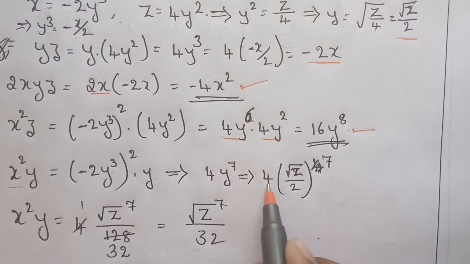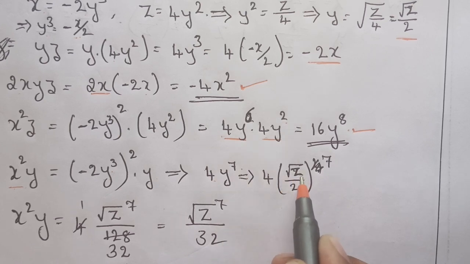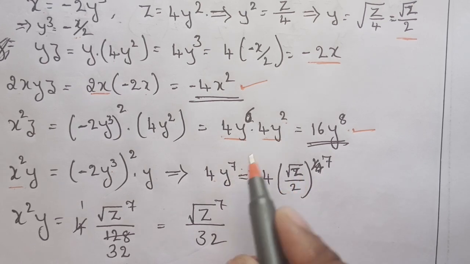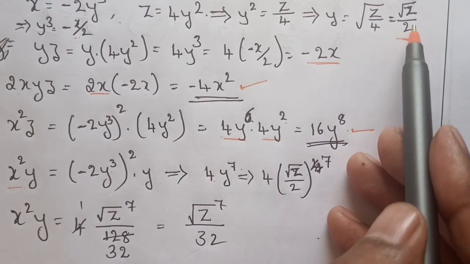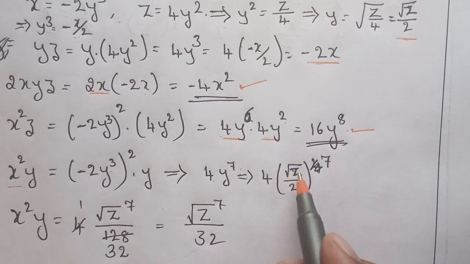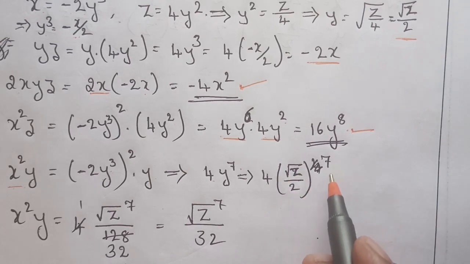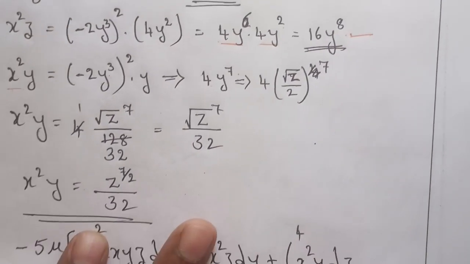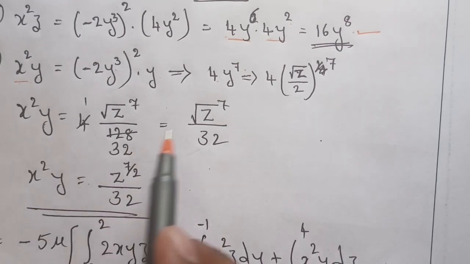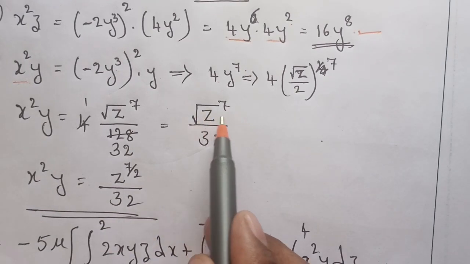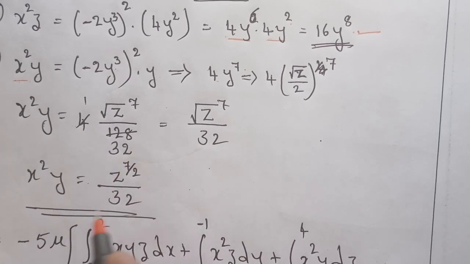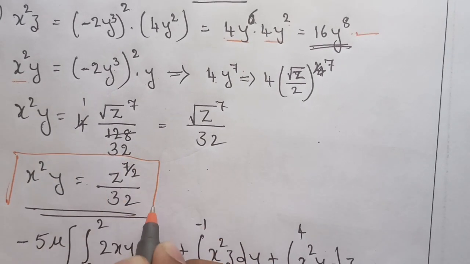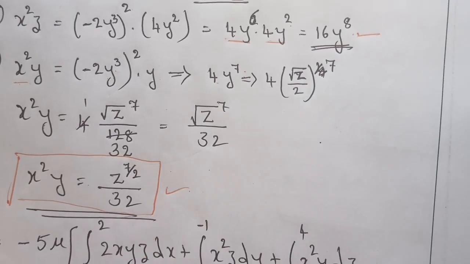Or in other words, 4 into y power 7, where y is root z by 2, so root of z by 2 whole power 7. I'll simplify this. x square y is equal to root z power 7 by 32 after simplifying. So this is the third term.